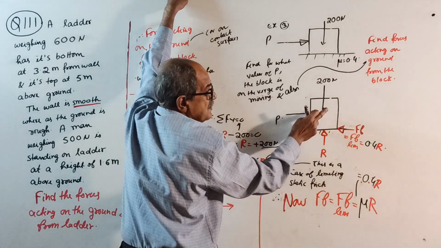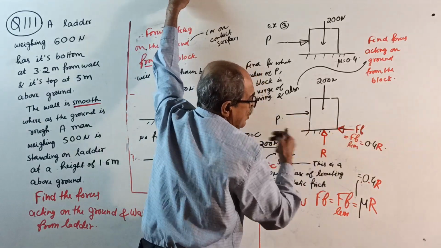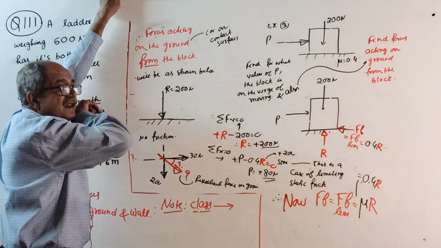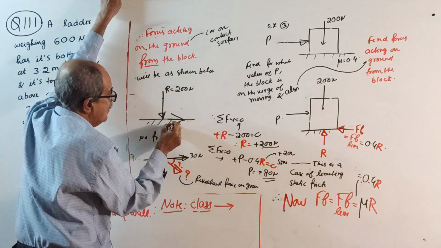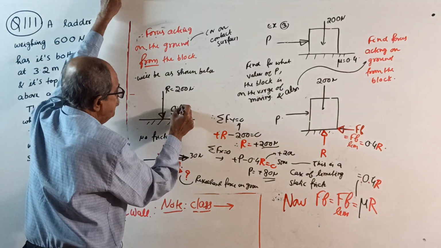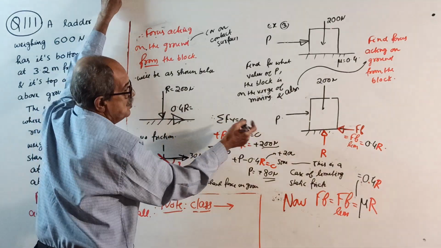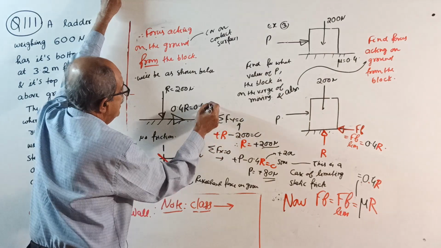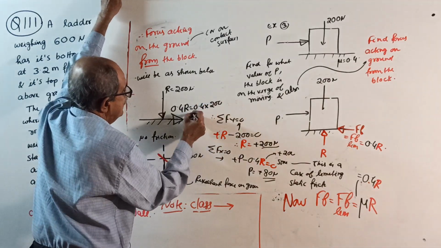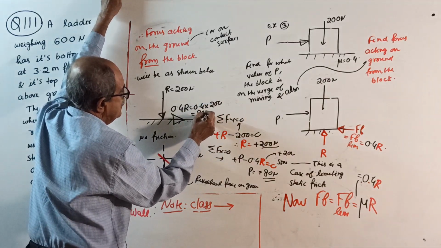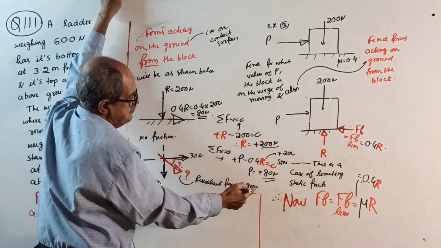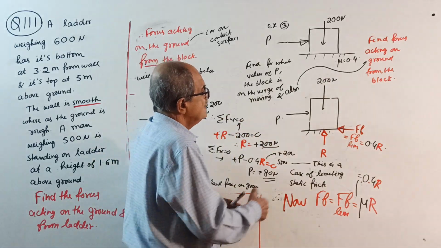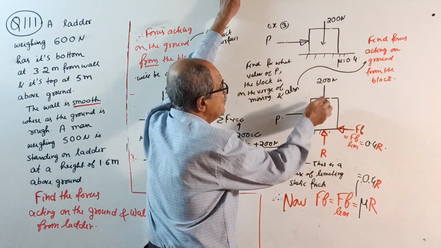The surface is getting a rubbing force of 0.4 into R, R is 200, equal to 80 Newton. That is this P only. By looking only you can make out.